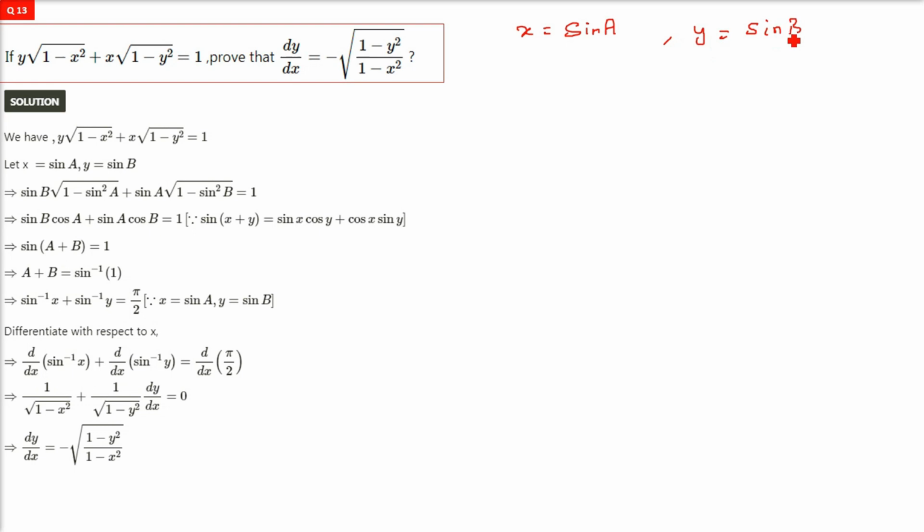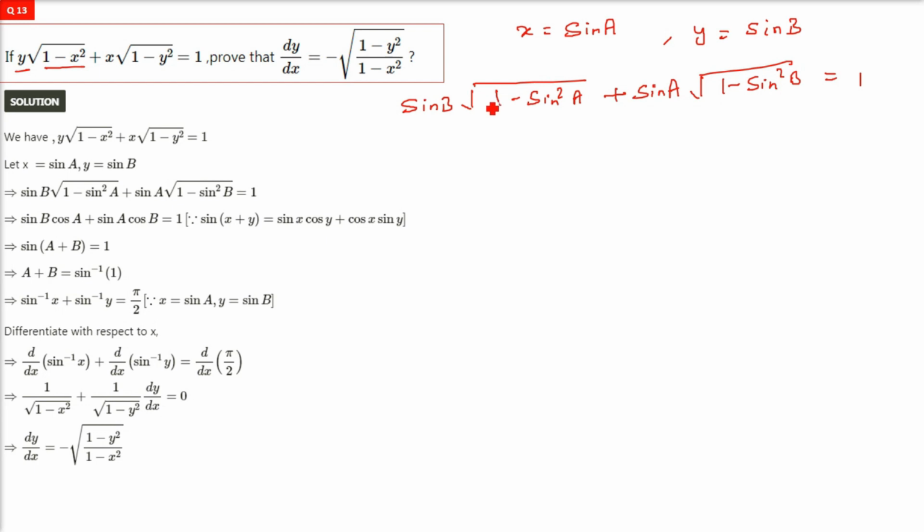Similarly, we will put y as sine B. What is the benefit? Sine B under root 1 minus x square, that is 1 minus sine square A. And here we will have plus sine A under root 1 minus y square, that is sine square B. So this is equal to 1.